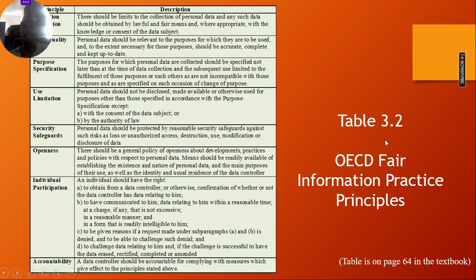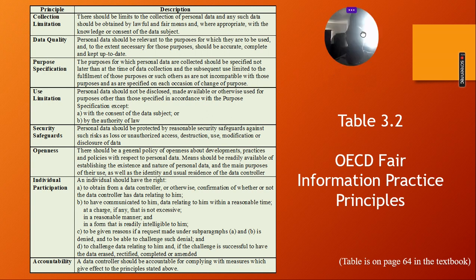In this case, we have table 3.2, the OECD. O is Organization for Economic Cooperation and Development. That's OECD, the OECD Fair Information Practice Principles. If you take a look at this table, you see we have different segments.